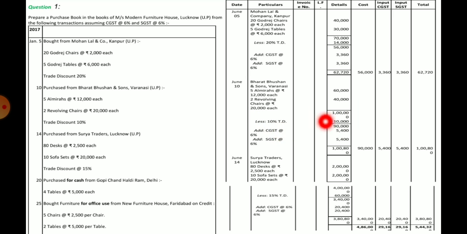The trade discount will be 10,000, and CGST, SGST is charged on this 90,000, that is 5,400. Recording 90,000, 5,400, 5,400, and the total is 1,00,800.